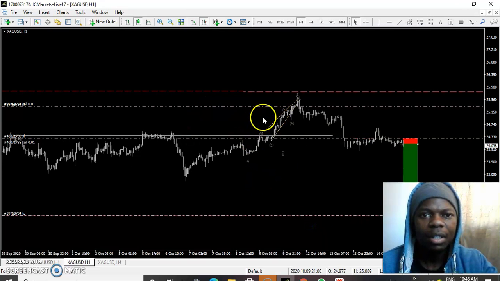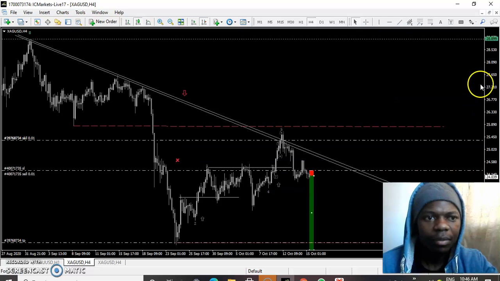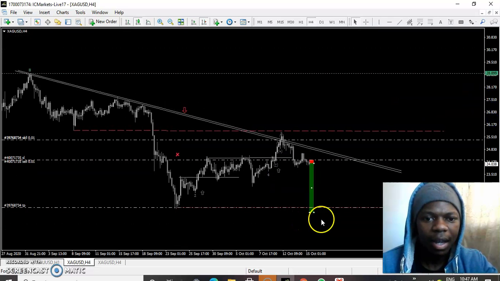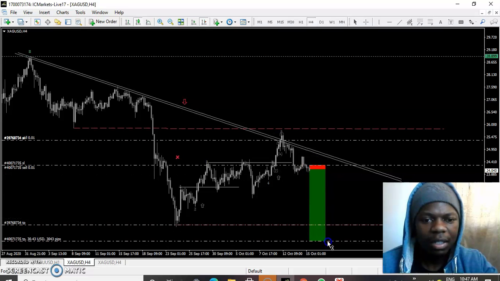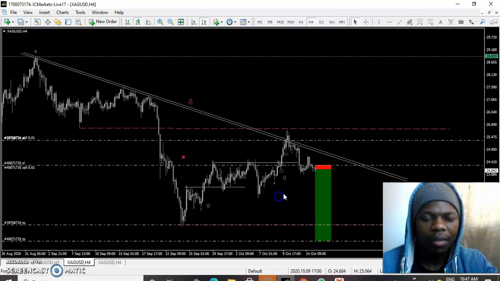We can expect a higher low, a lower high. We're expecting lower lows from this. So let's not be stingy. This will be our target.